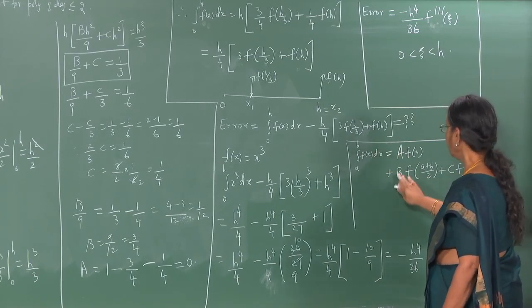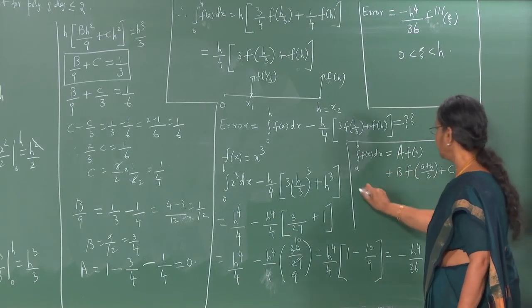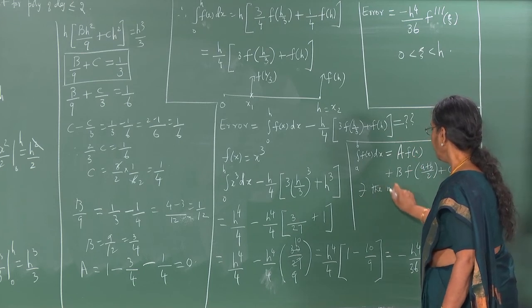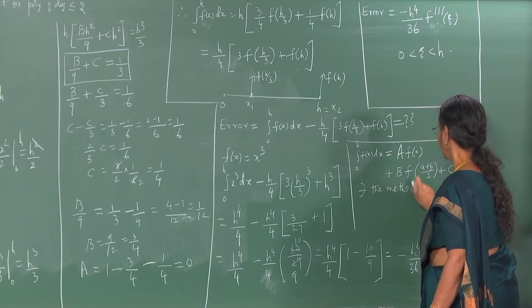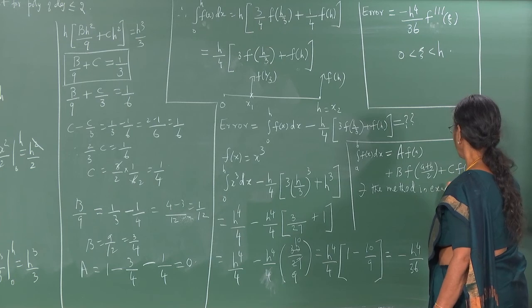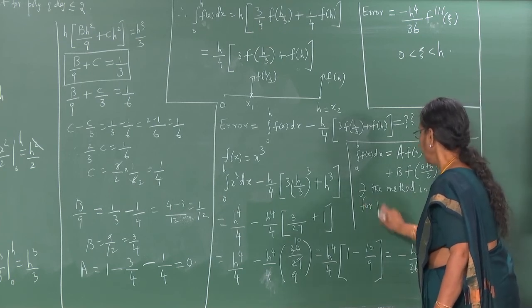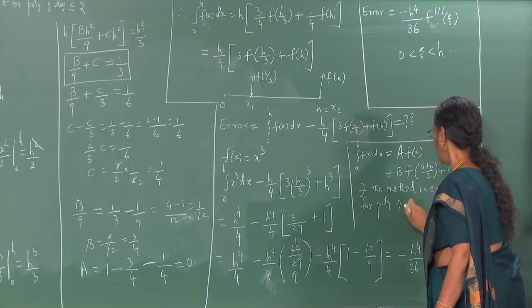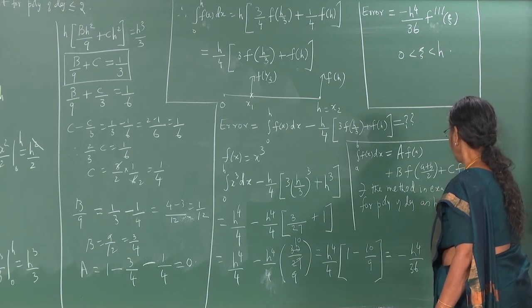So, determine A, B and C such that the method is exact for polynomials of degree as high as possible.